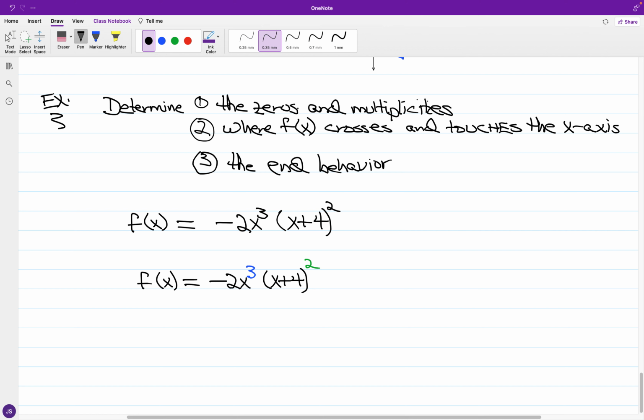So looking for the zeros and their multiplicities.